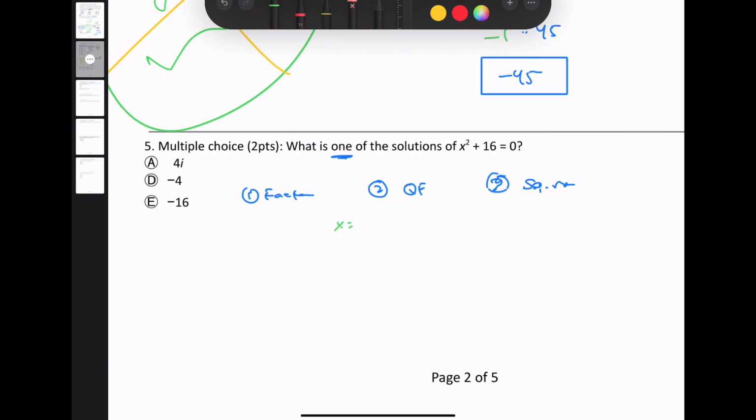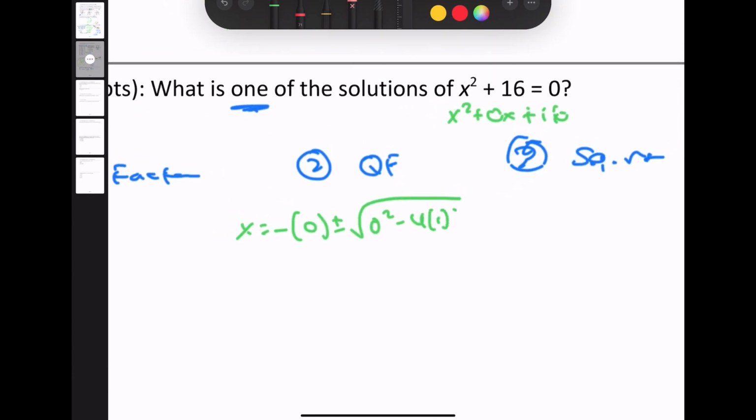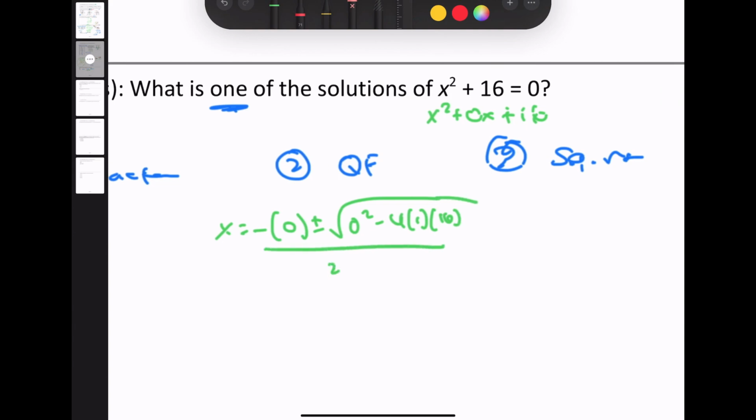So x equals -b, so x squared plus 0x plus 16. So your b value is 0. Plus or minus the square root of 0 squared minus 4 times a times your c value, which is 16, all over 2 times 1. So opposite of 0 is 0. I'm not going to add or subtract 0, so that kind of goes away here in yellow.